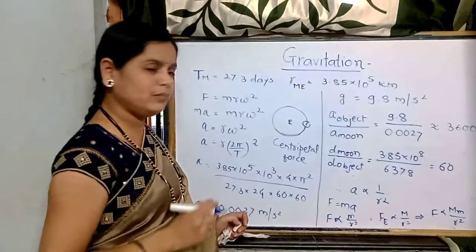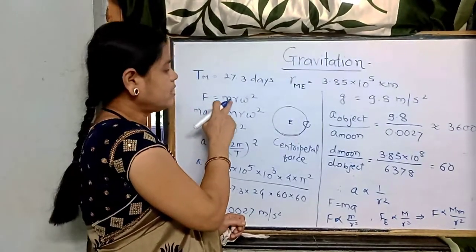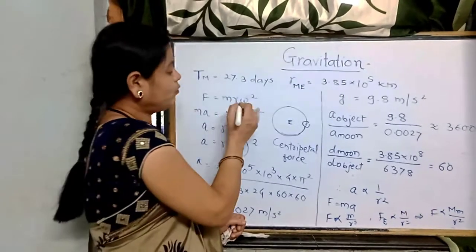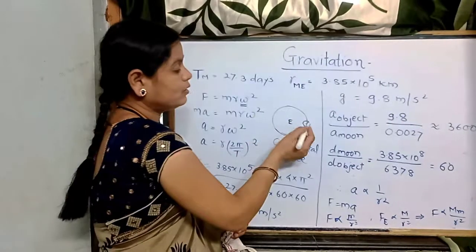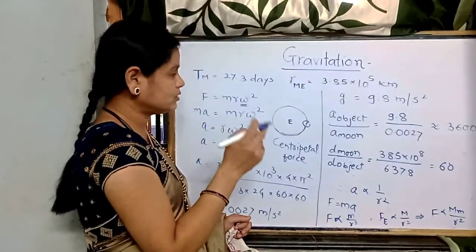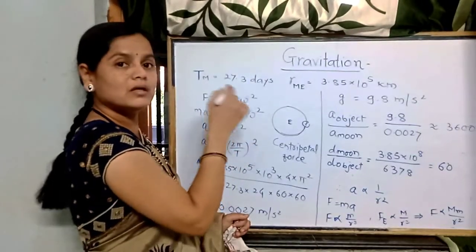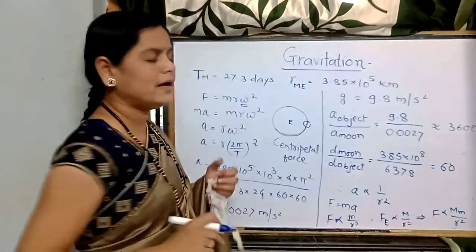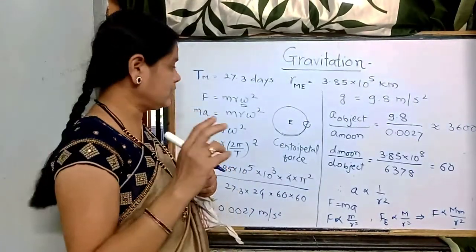This centripetal force is equal to m r omega square, where omega is the angular velocity. With constant angular velocity, the moon is revolving around the earth. But according to Newton's second law, what does it say?